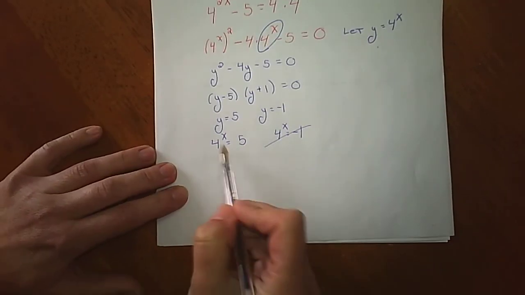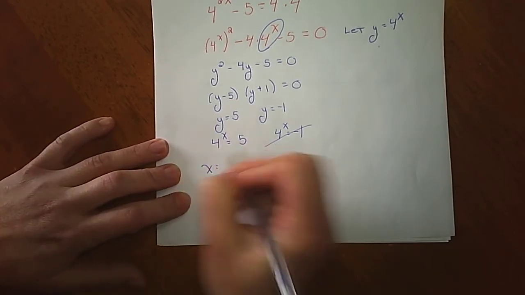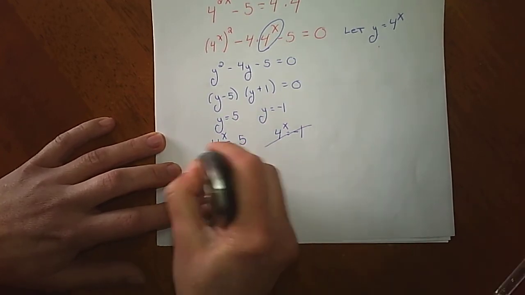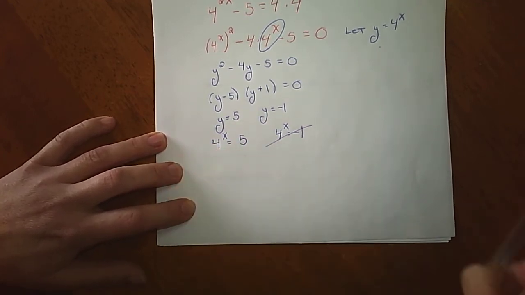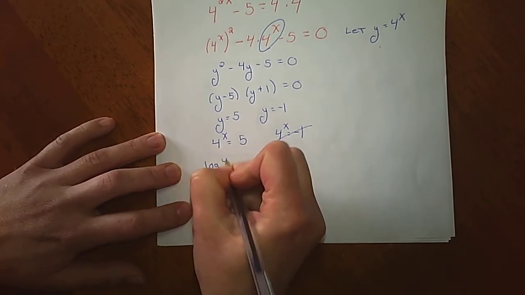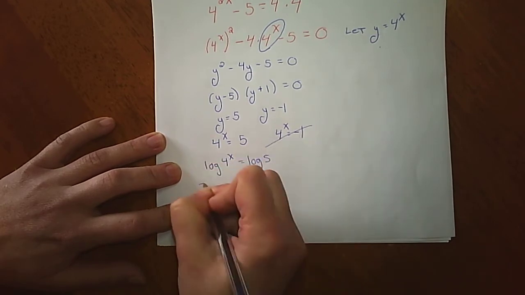And now this guy has two different ways I can write the answer. I'm going to do log it first. I'll do it the fast way last. This will be log 4 to the x equals log 5. The x falls down in front.